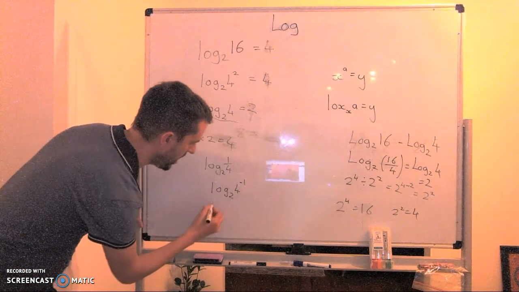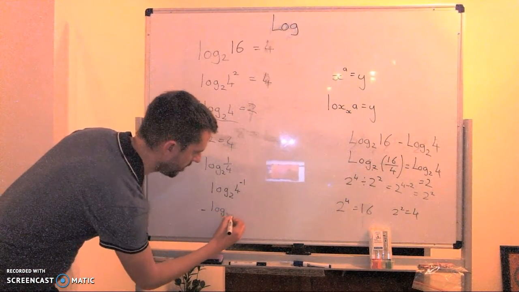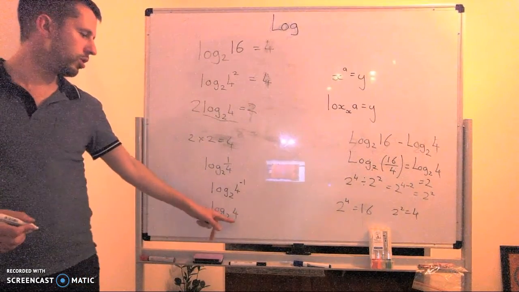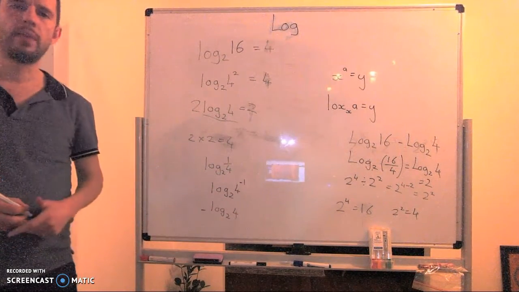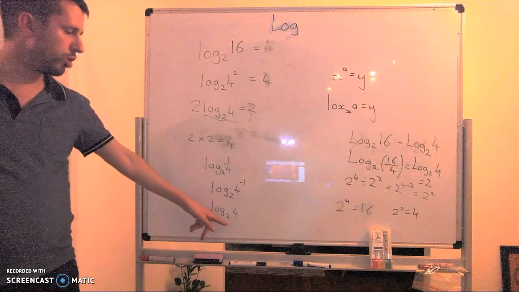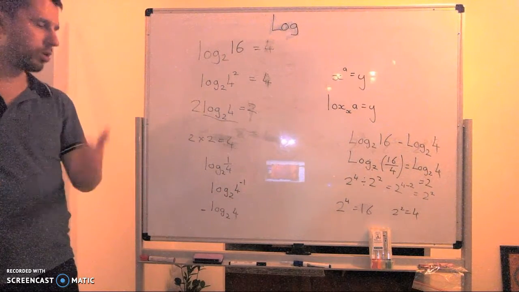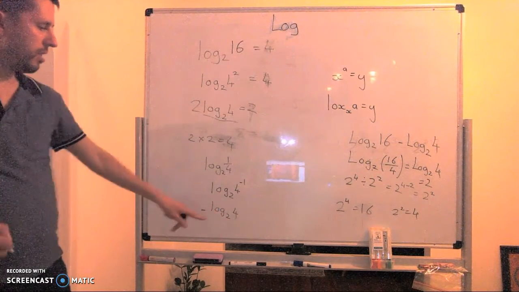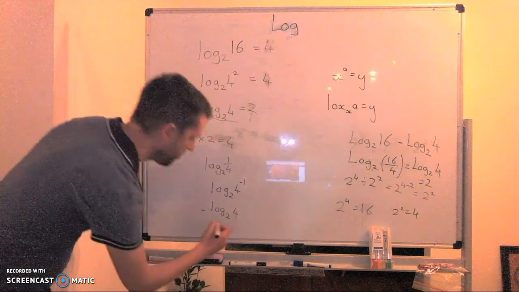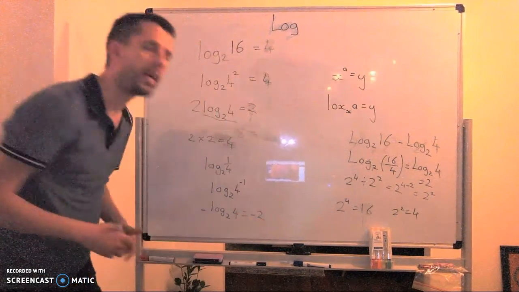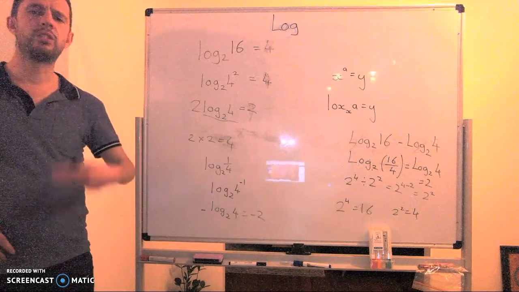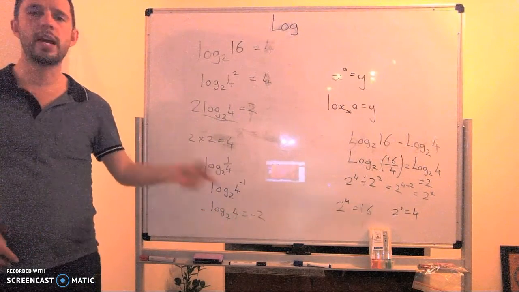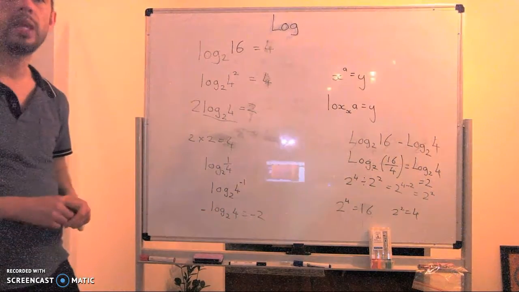And that becomes negative log base 2 of 4. So this must mean log 2 of 4 has to equal 2. Because 2 times 2 is 4. And then 2 times -1 must equal -2. So we're starting to get into negatives as soon as we start looking at a fractional amount with a log.